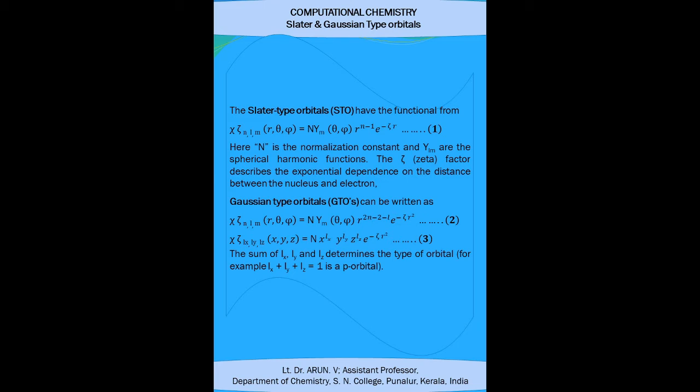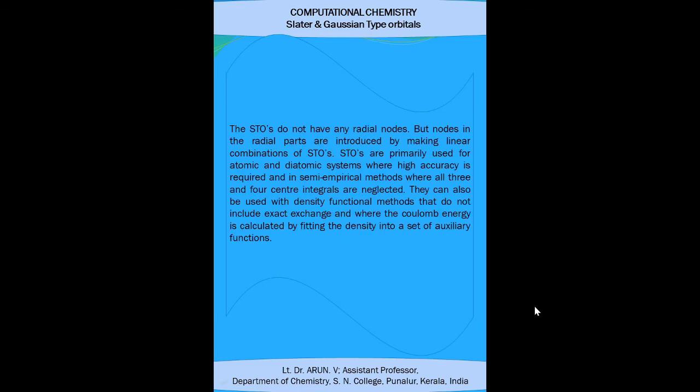For example, if Lx plus Ly plus Lz is equal to 1, that gives the p orbital. Similarly, we can represent d orbitals, f orbitals, etc. These Slater type orbitals do not have any radial node, but the nodes in the radial parts are introduced by making linear combinations of Slater type orbitals.